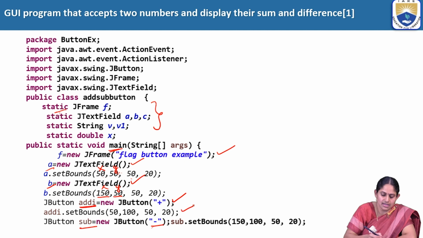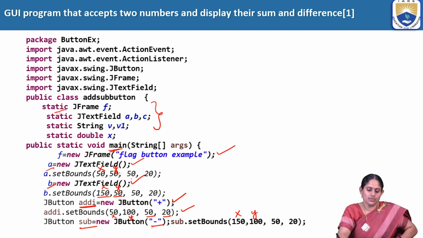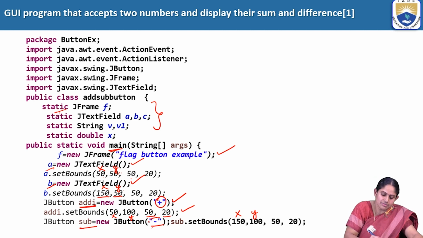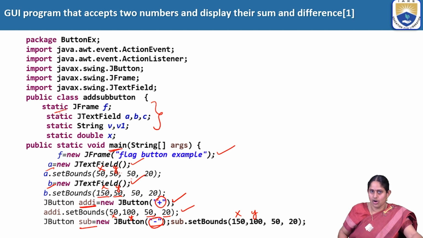These are placed at XY 50 and 100, and this subtraction is placed at 150 and 100 with the size 50 and 20. Now we have created two buttons, the plus button for the addition operation and the minus button for the subtraction operation.